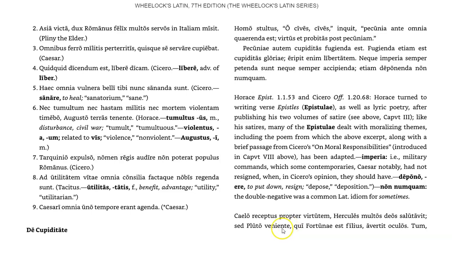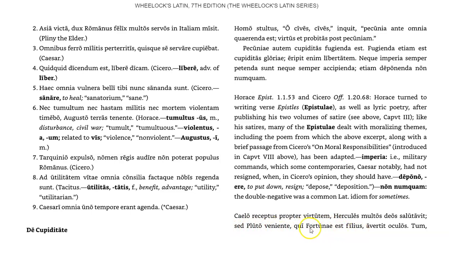And we said before that present participles in the third declension should be translated using the present tense or ing. So we've talked about that before. So probably use the preposition with. But with Pluto coming, who is the son of fortune.